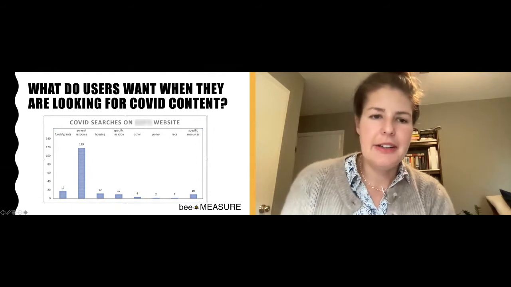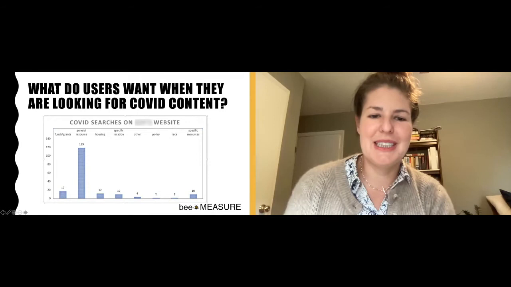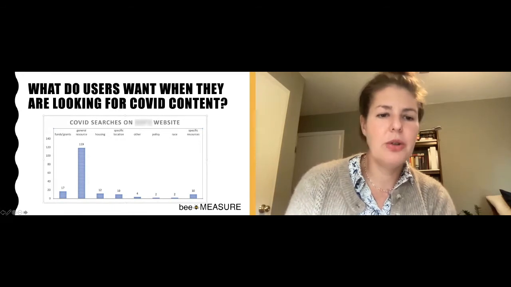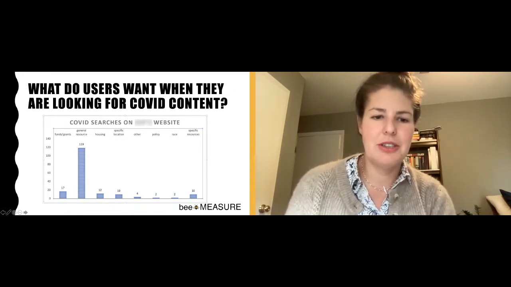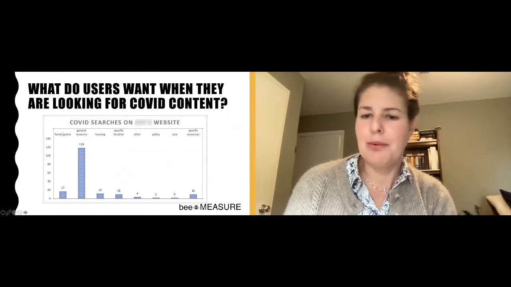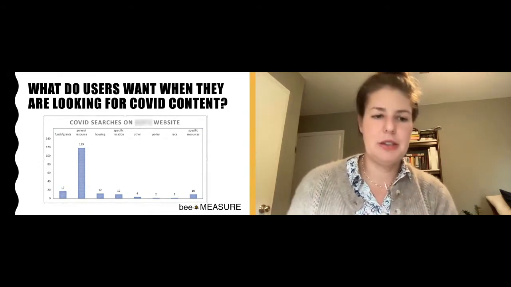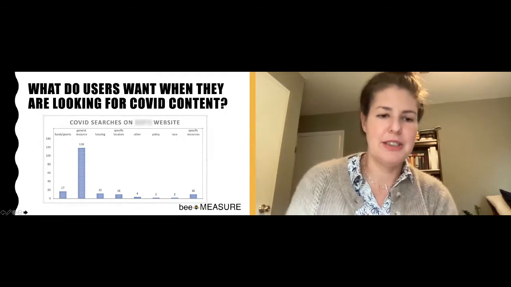There were a lot of people looking for COVID stuff in general, as you can see, but they did end up writing an article about funds and grants available for addressing COVID, because that was really second to just general stuff, the other big thing that people were looking for. You can definitely do this with your own searches to get an idea of what topics, especially around a particular topic, people are interested in.